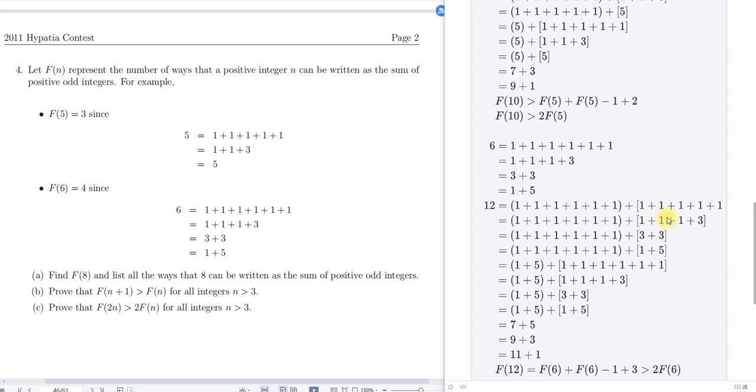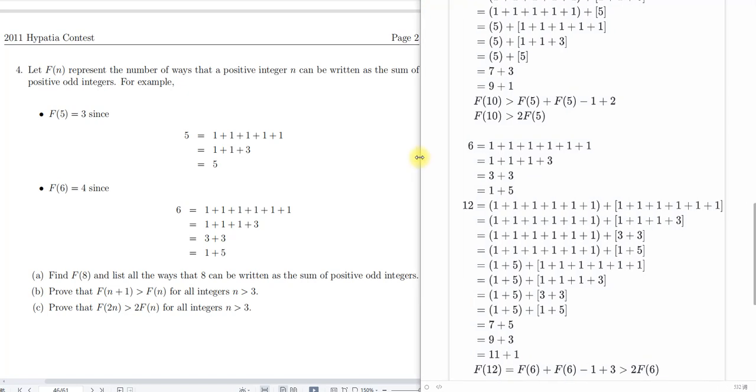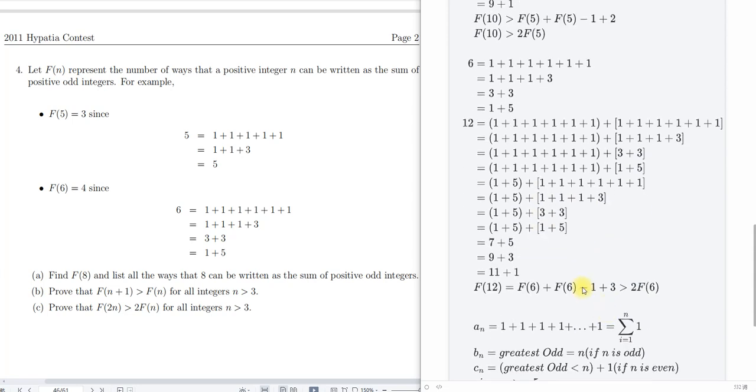I used the square bracket to show the sum of 6, and we use 6 ones added like this, and we use the last one, the biggest odd number, which is 1 plus 5 like this, and we can see there's 1 overlap, so minus 1.